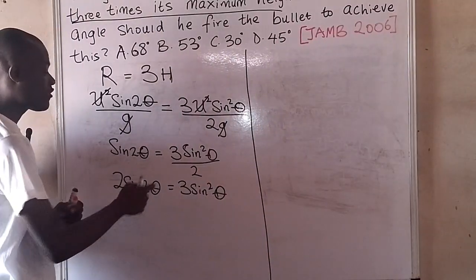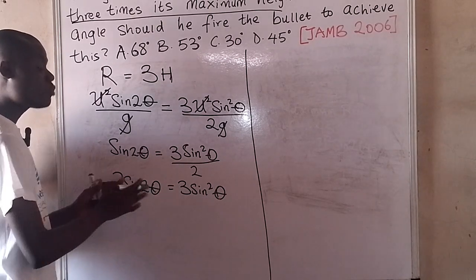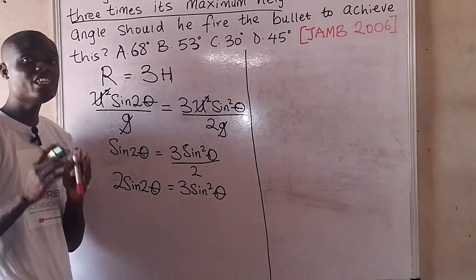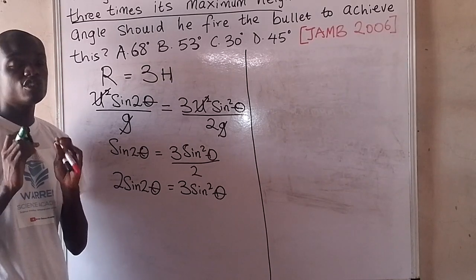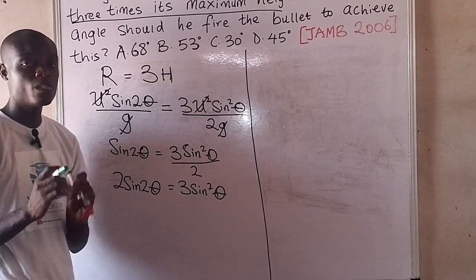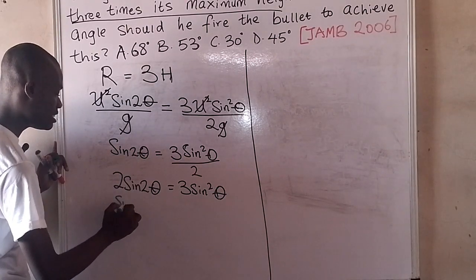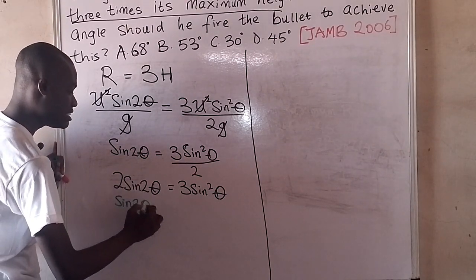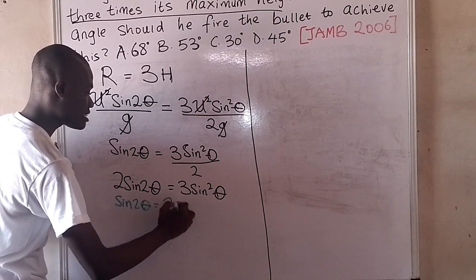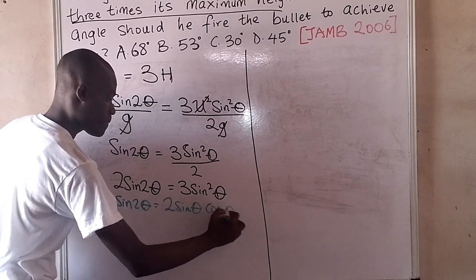Moving on, we have gotten to this particular part of our solution. But before we solve this particular part, we need to have a good knowledge of a topic in mathematics called the trigonometric identity. Now, from that topic, we'll get to know that sine 2 theta is the same thing as 2 sine theta cos theta.